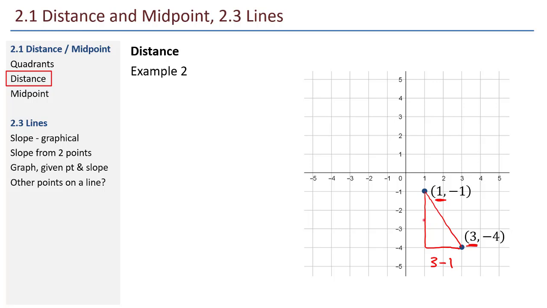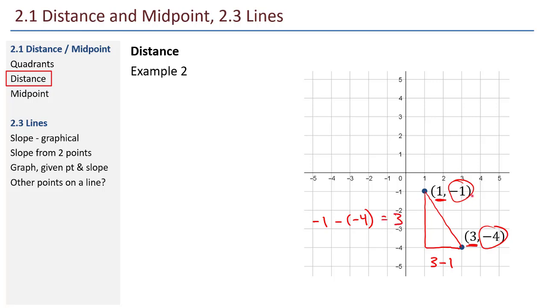And what about the vertical side here? How am I really figuring out that length? Of course, we can see that the length is 3, but how am I using the -1 and the -4 to get that? I can take my -1 and subtract -4. -1 minus -4 equals 3, and that's what gives me that length.